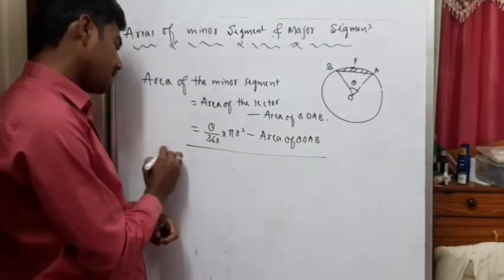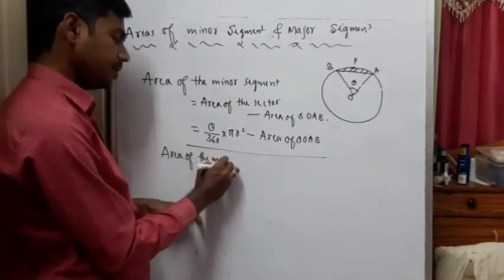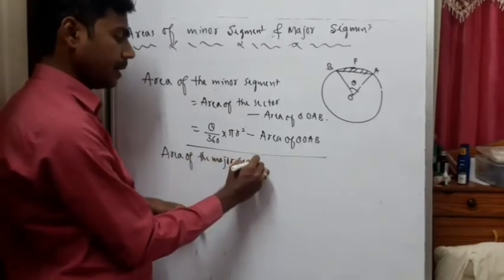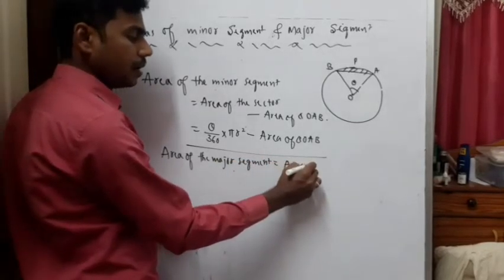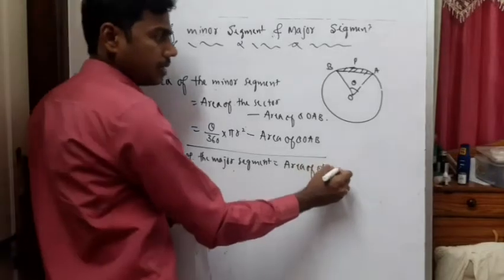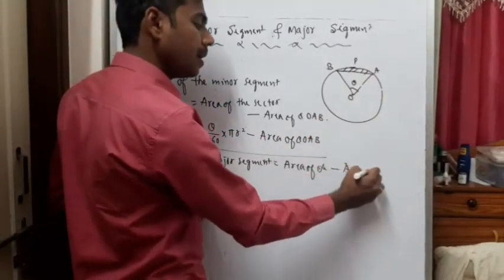Then the area of the major segment is equal to area of the circle minus area of the minor segment.